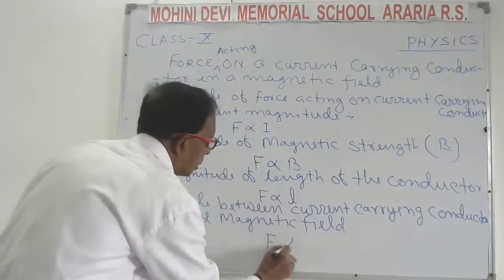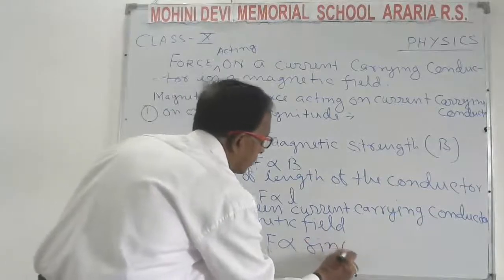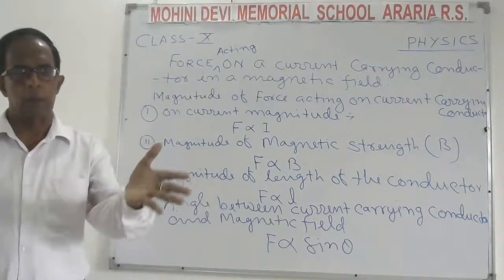F is directly proportional to sine theta, the angle between the magnetic field and the conductor.